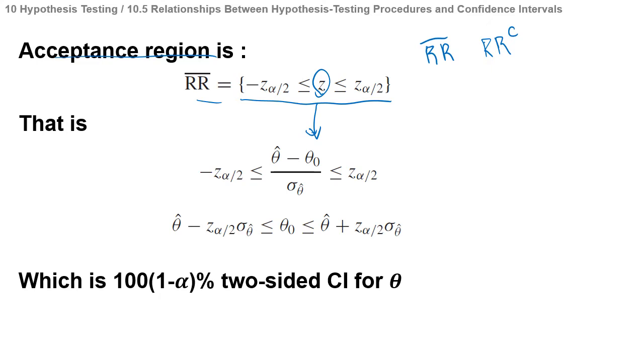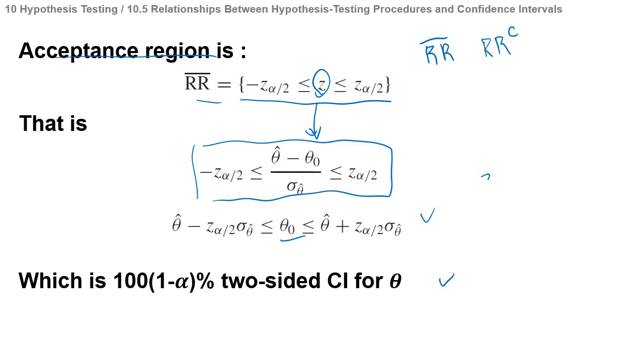So we can rewrite this acceptance region this way, and again we can write it with respect to zeta 0. As you can see, this is exactly the 100 times 1 minus alpha percent two-sided confidence interval for zeta.